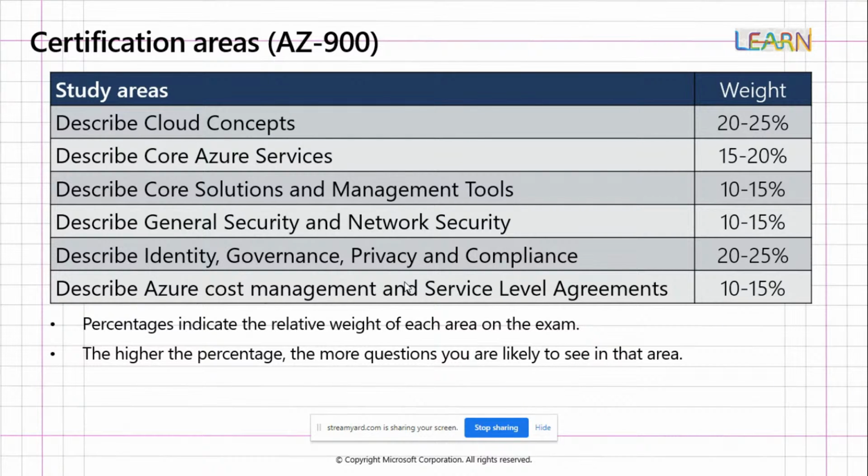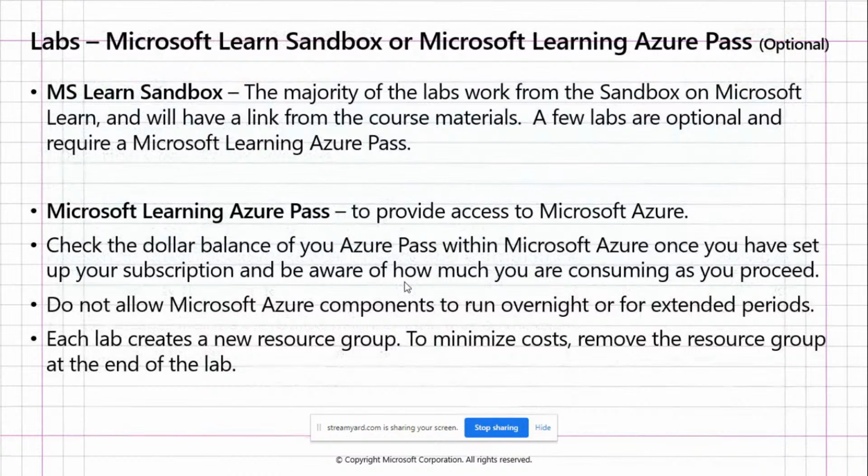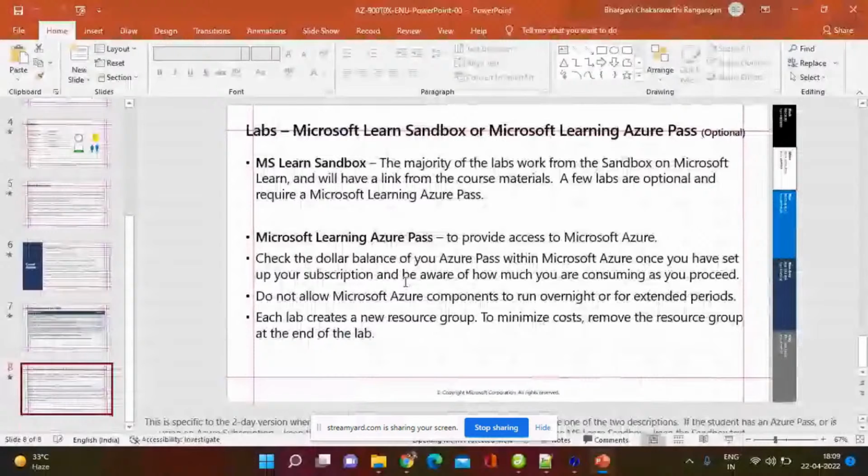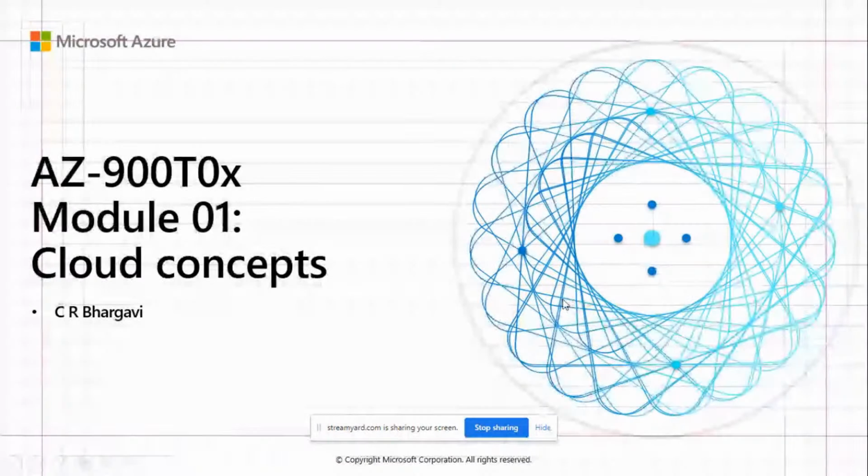The exam is out of 1000 marks, and we should earn around 700 marks to clear the AZ-900 certification. These are all the labs that would be part of AZ-900. Now, let's get started quickly without any delays.